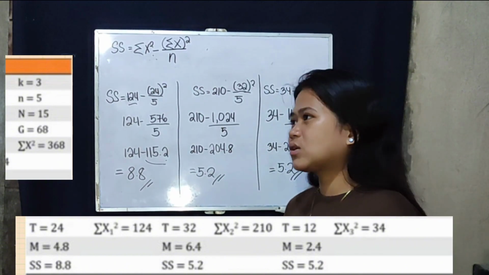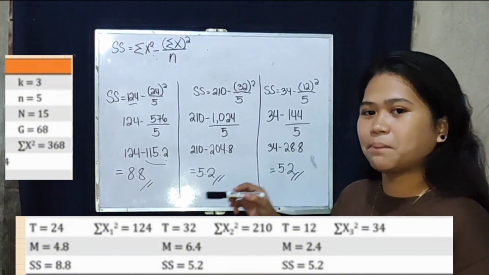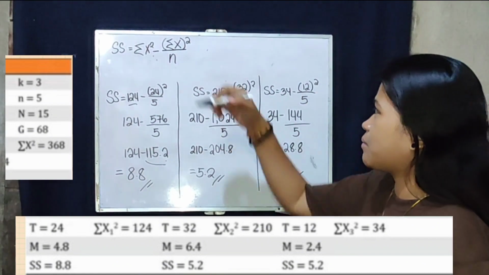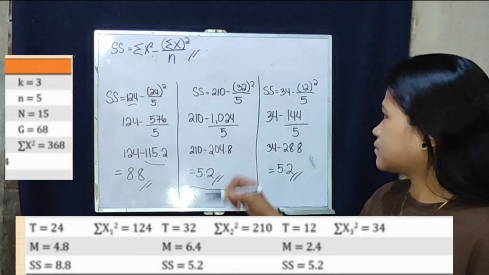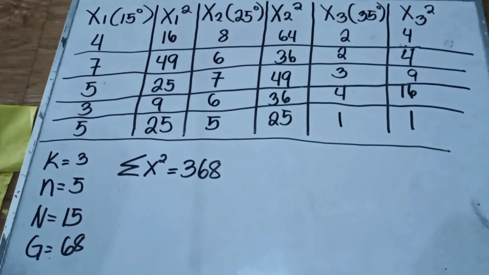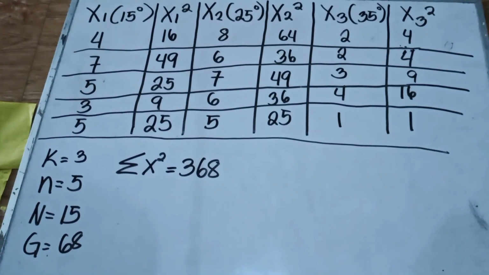So, sa second group or third group, kay same process gihapon siya. Gamiton lang ang formula para makakuha siya. So, nganong ang k kay 3 man ni?